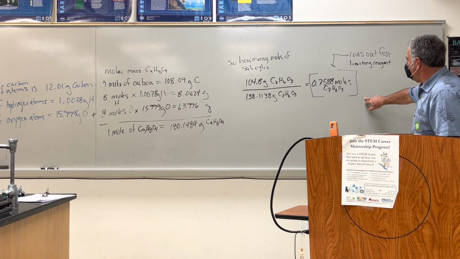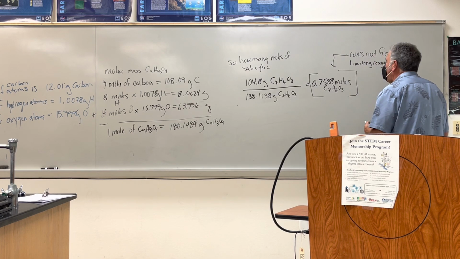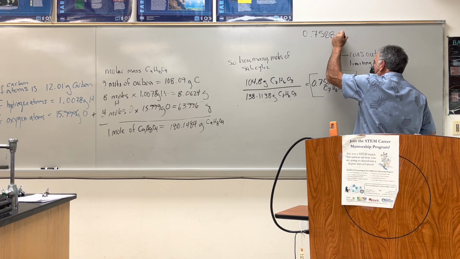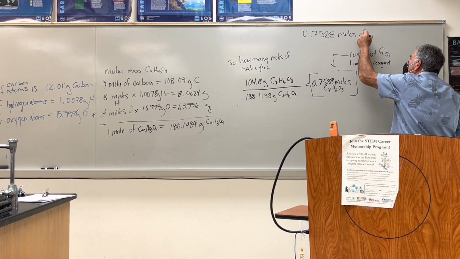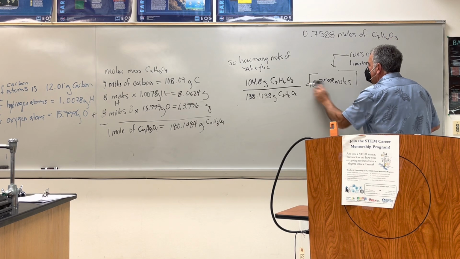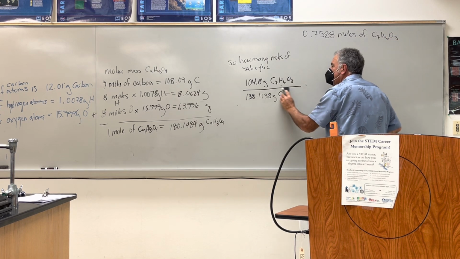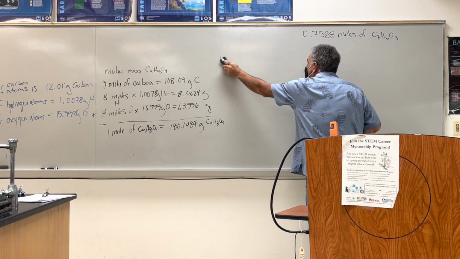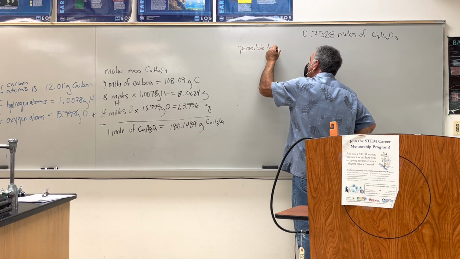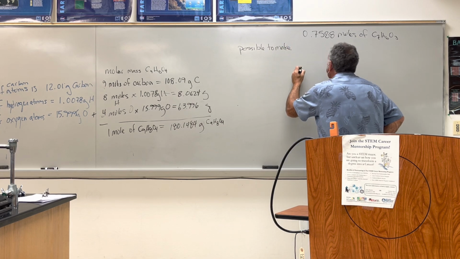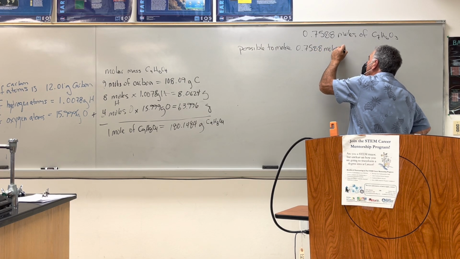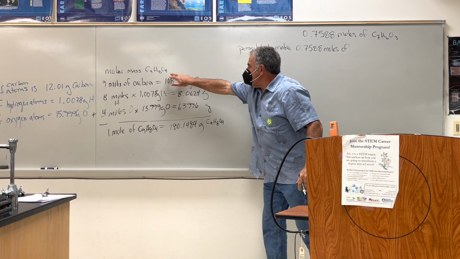All right, okay, so we're here. This is limiting. Let's rewrite that up here. 0.7588 moles of C7H6O3. So it's possible to make 0.7588 moles of C9H8O4.